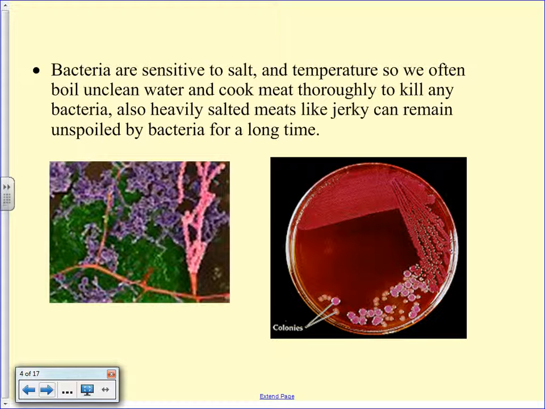Now, to give you an idea here, on the right is a picture of a Petri dish that has had a swab done on it. You can see these little dots here are bacterial colonies. Each one of them represents where a single bacterial cell was placed on the agar, the material inside the dish that they grow on.